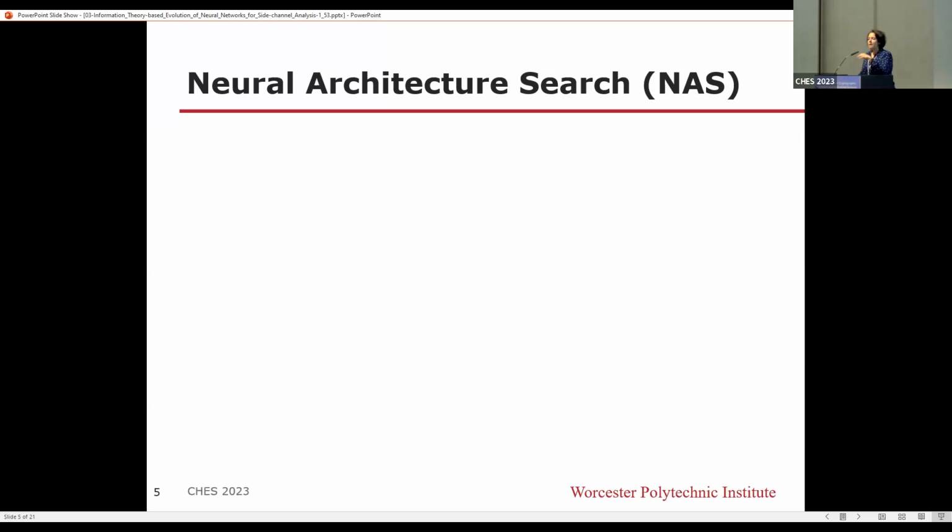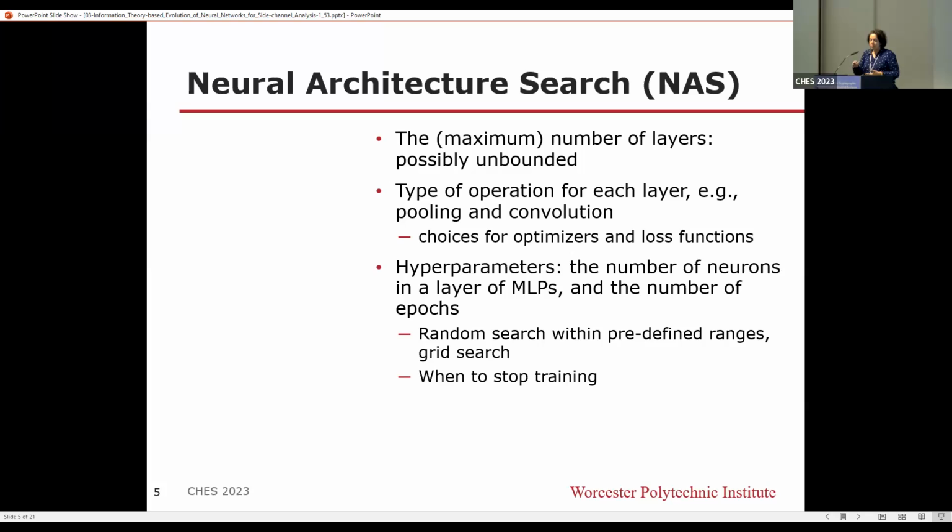If you have looked at the literature applying neural networks for side channel analysis, you have seen many flavors of these. For instance, we have seen that the number of layers is chosen by the network itself just by giving, let's say, the maximum number of layers that is possible. Or we have seen other cases where the network itself tries to find out what function to be involved in what layer.